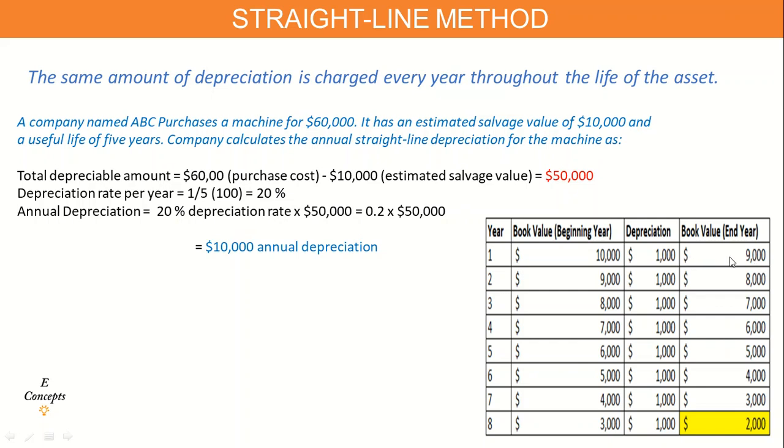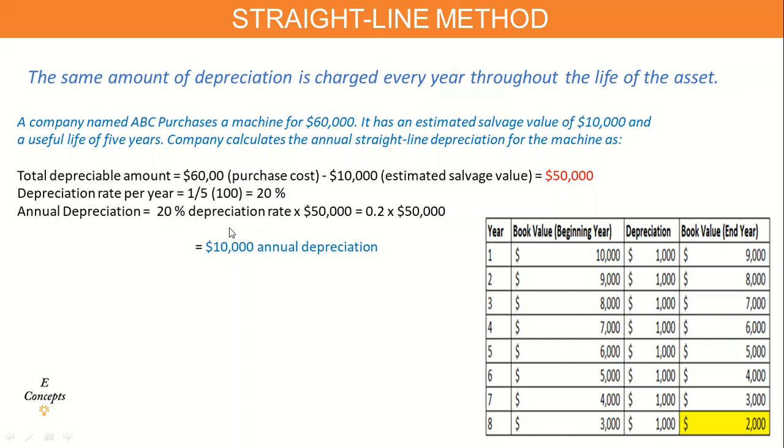The book value at the end of year 1 is the beginning book value at the start of year 2, 9,000. Again for the second year it reduces by 1000, so we have 8,000, and that will be the beginning book value for year 3. The process continues.